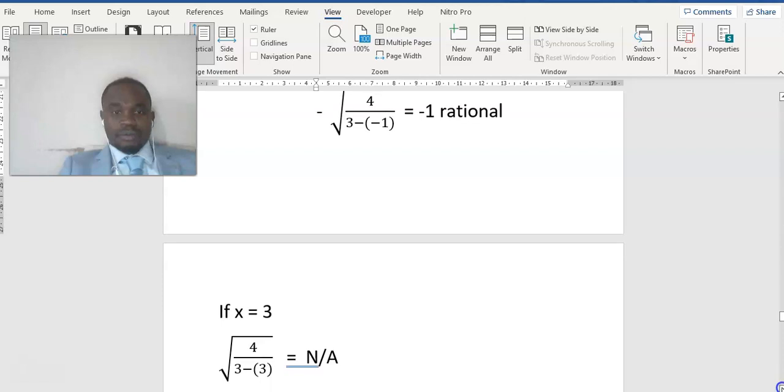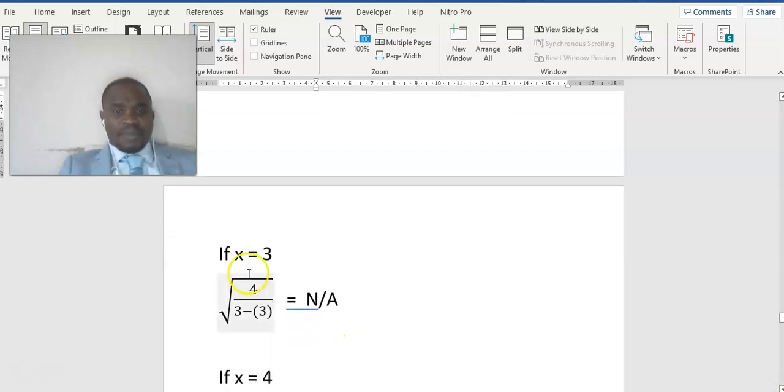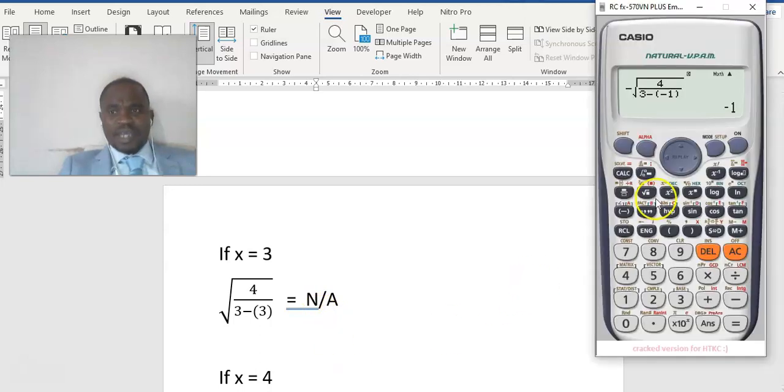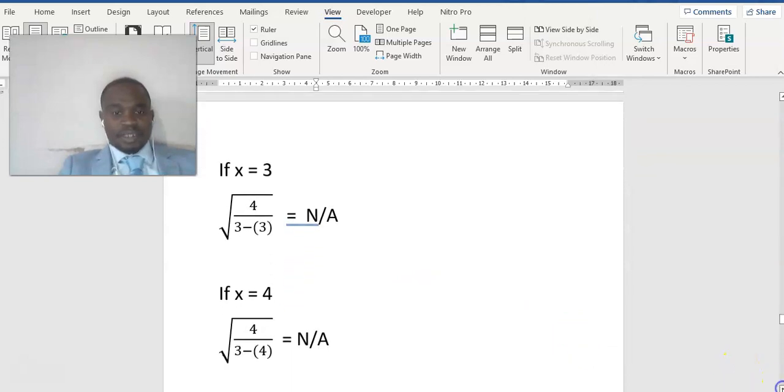Okay, so if x is equal to 3, if I press this on the calculator, it's going to give me an error. If I put 3 here, I get an error, so just write not applicable. Okay, the value does not exist in the real number system.